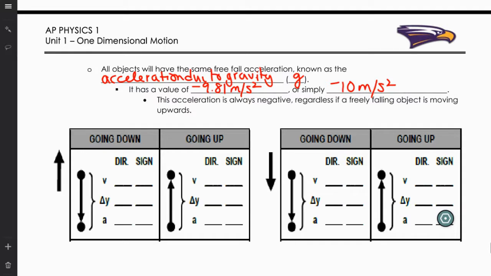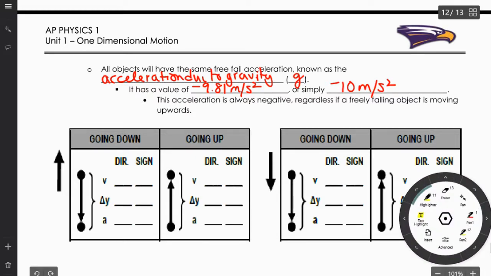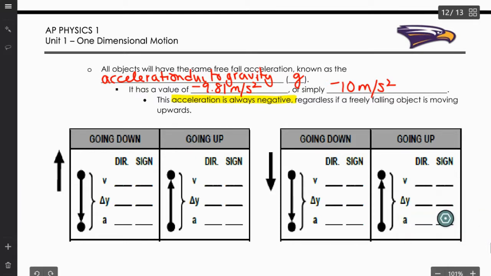So this next chart gives you an idea that the acceleration is always negative. Regardless of what is happening, your acceleration due to gravity, this g value, is always down. It's always heading down towards the center of the Earth. The arrows outside these charts indicate where positive is.